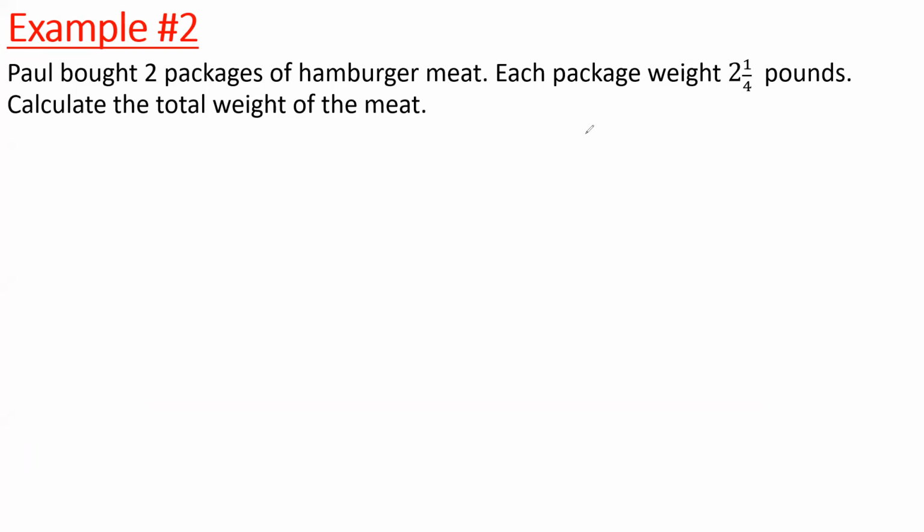So we have to multiply 2 by what? 2 and 1 over 4. Very good. We're going to multiply 2 by 2 and 1 over 4. And that's going to be equal to what? What are we going to change the whole number 2 into? A mixed fraction.